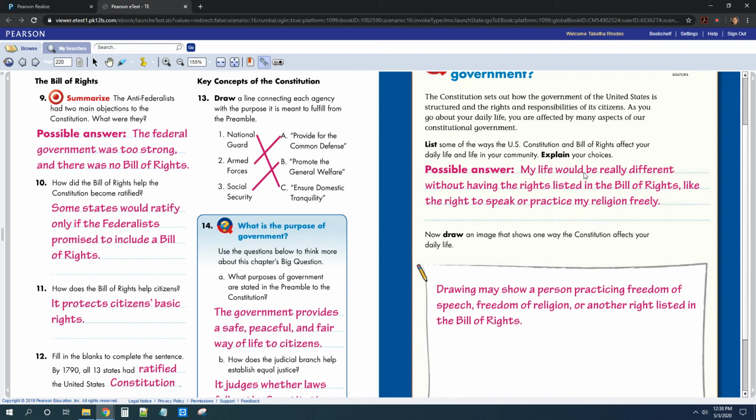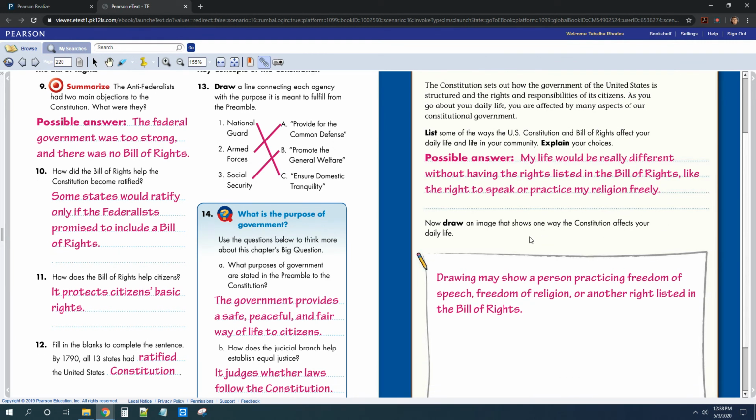Some of you talked about being safe and how police officers and the military keep us safe. So really, as long as you put something that's in the Bill of Rights here, it is correct. So there's no work for you to turn in today. You just need to check your answers. If you haven't done this work yet, make sure you get it turned in so you get credit.